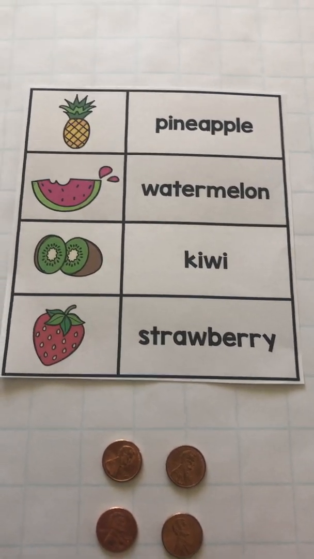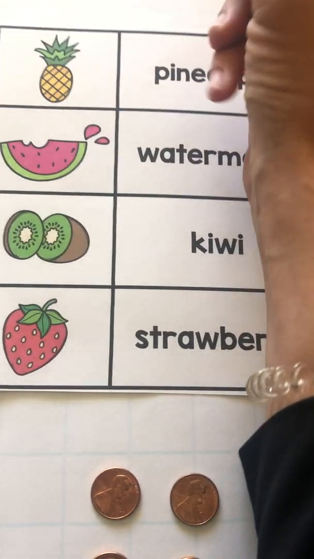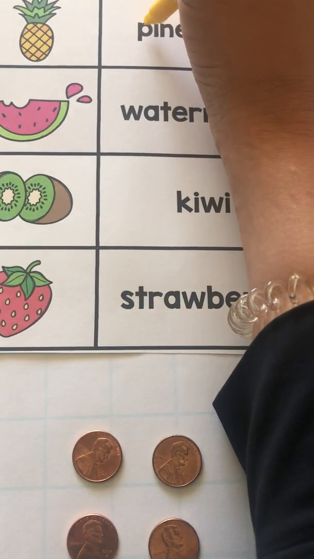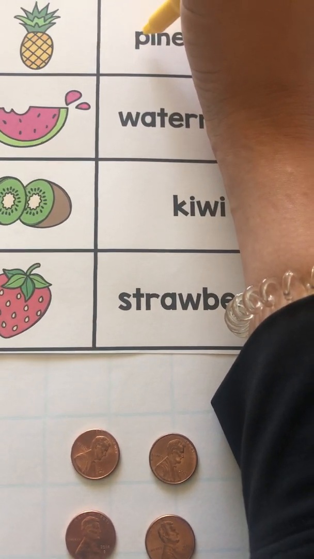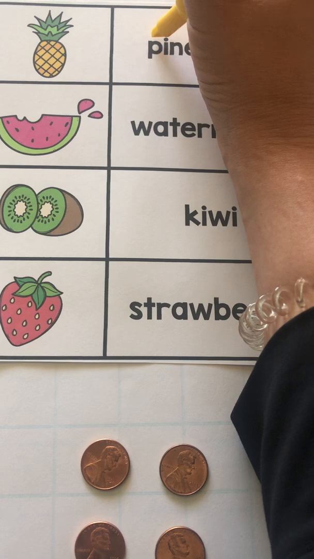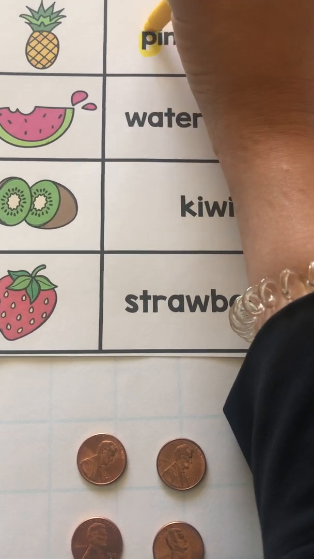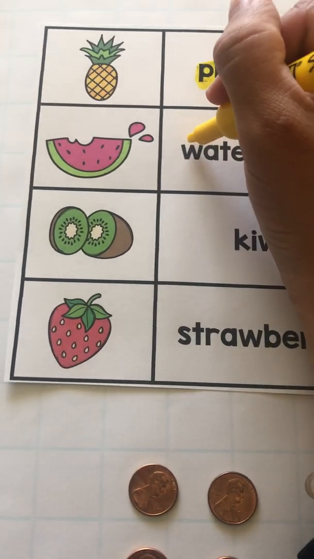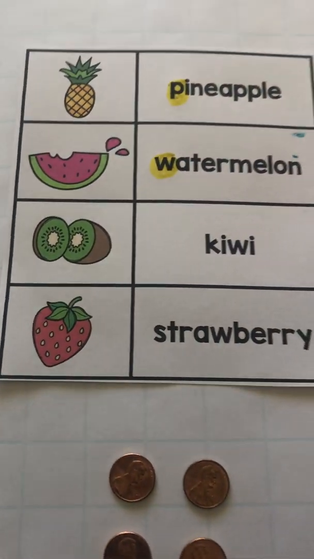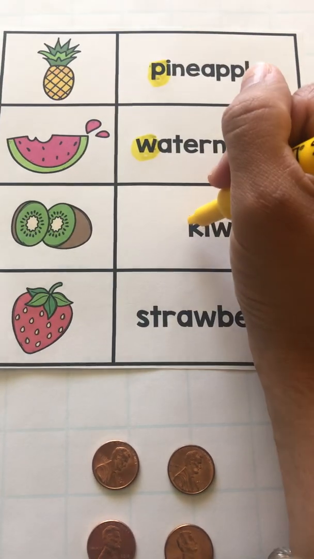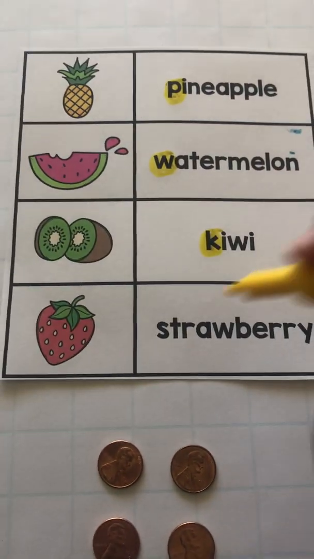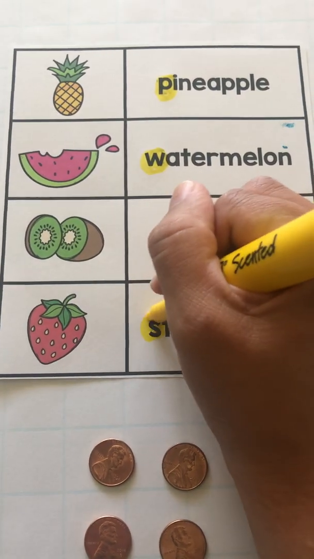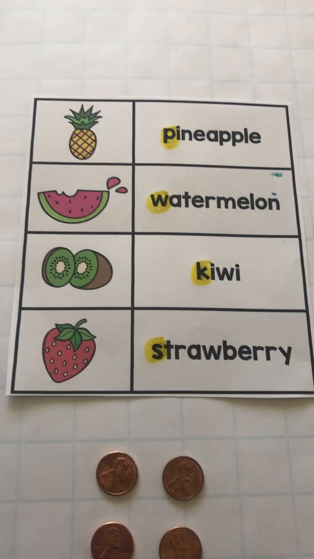So to help my brain remember that, I'm going to use my marker here, and I'm going to highlight, circle, mark, whatever you like, the first letter in each word. Okay, so the P in pineapple, the W in watermelon, the K for kiwi, and the S for strawberry.